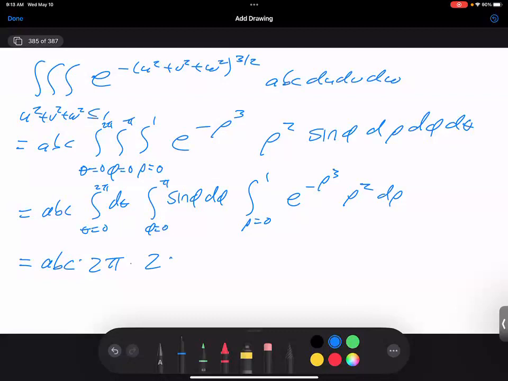Can I use the letter u for my u substitution? Why not? I've already used u earlier; u is x over a. So what I really want is to put in a factor of 1/3, and I'll have the integral from 0 to 1 of e to the negative rho cubed times 3 rho squared d rho. I'm trying to set things up to be nice.